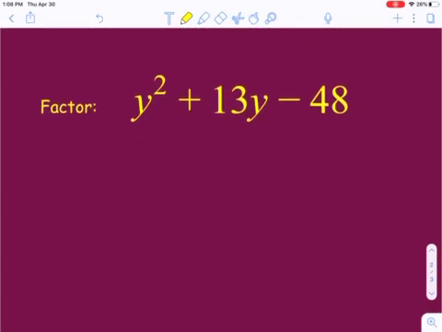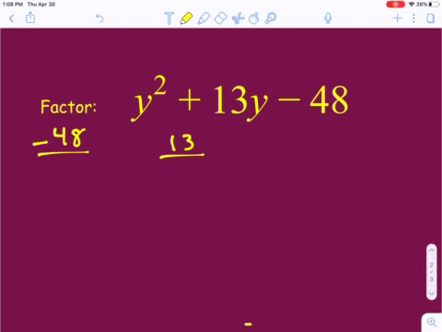All right, so let's take a look at this one. So what I want to do is I know that my factors have to multiply to negative 48. And I know that they have to add up to positive 13. Okay? So let's think about what those factors could be.